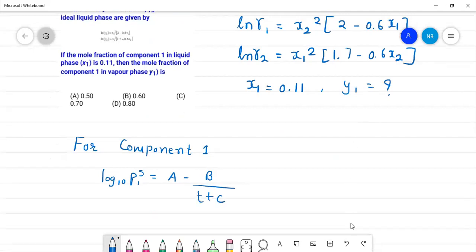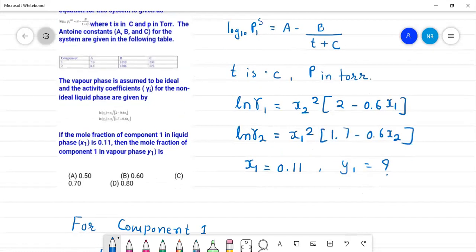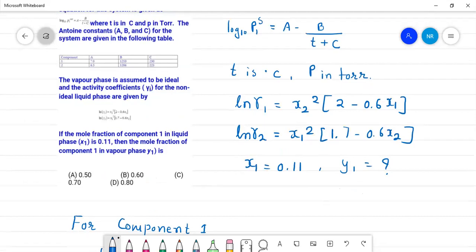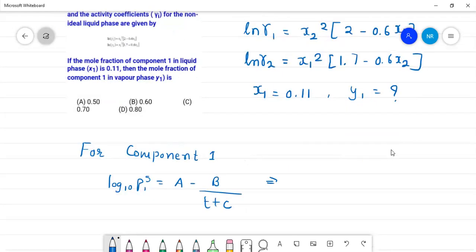Now what are the values? A is equal to 7.0, B is equal to 1210, C is equal to 230.